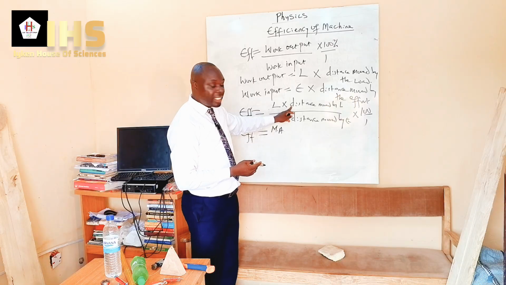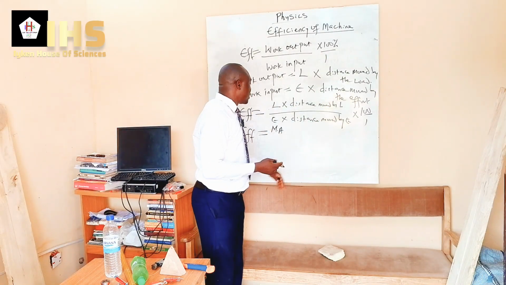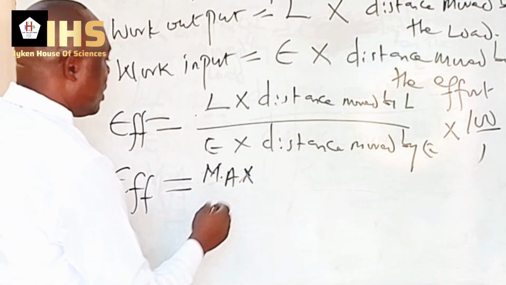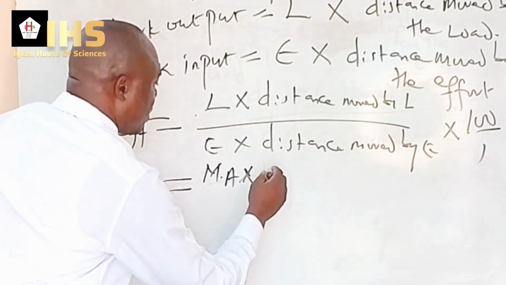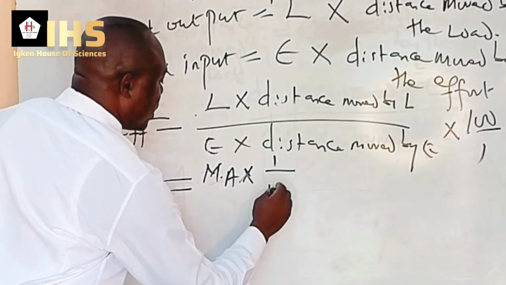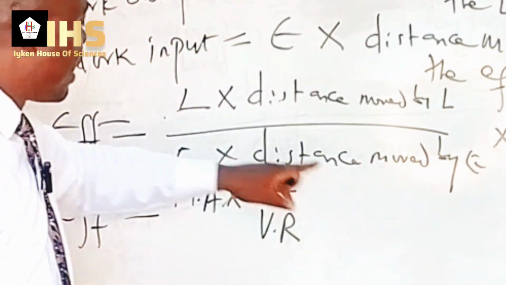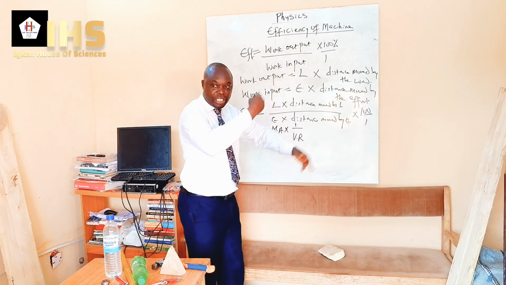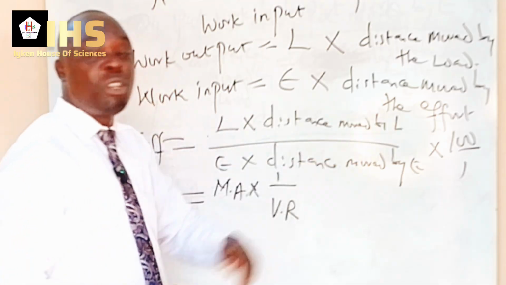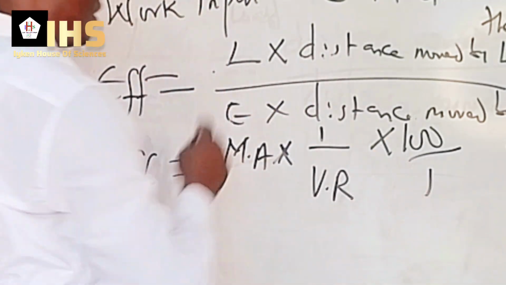So we multiply by 1 over velocity ratio, then by 100 over 1.